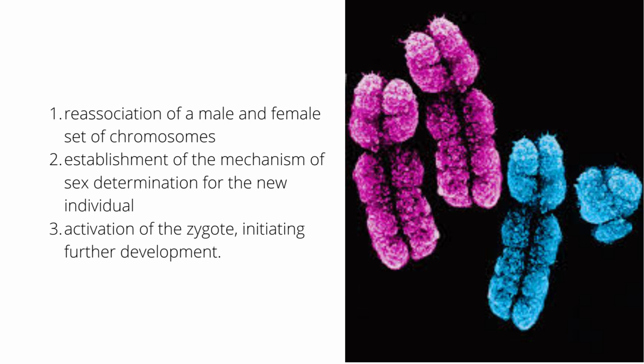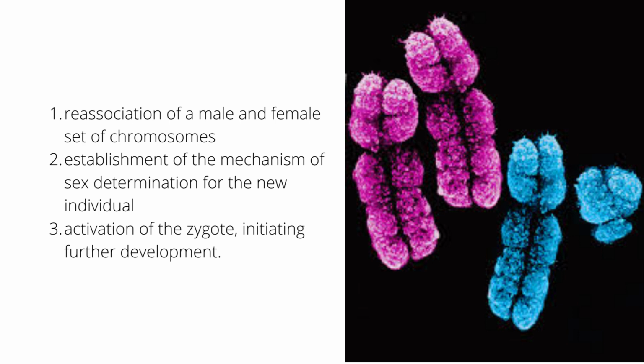The fundamental results of fertilization are the following: reassociation of the male and female set of chromosomes, thus restoring the full number and providing the basis of biparental inheritance and for variation.